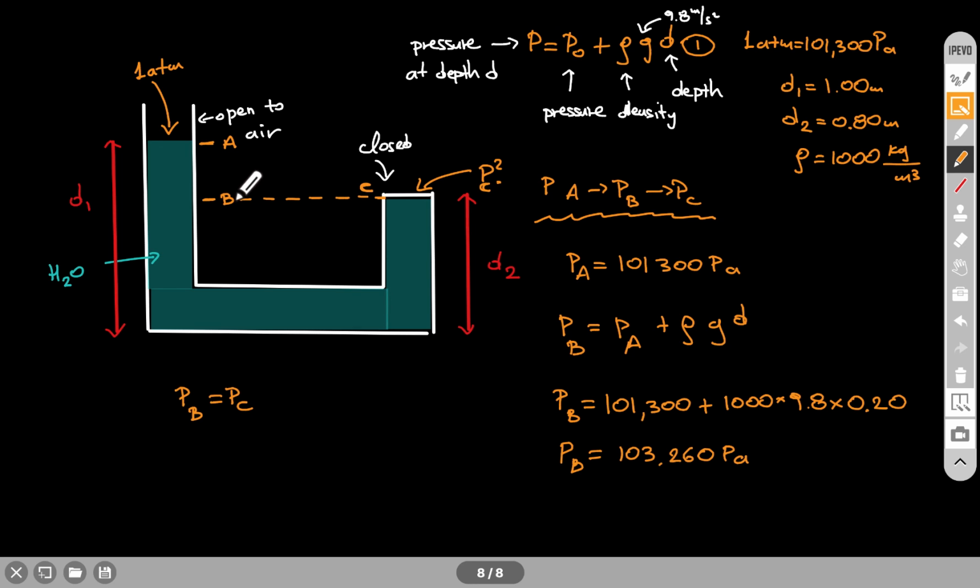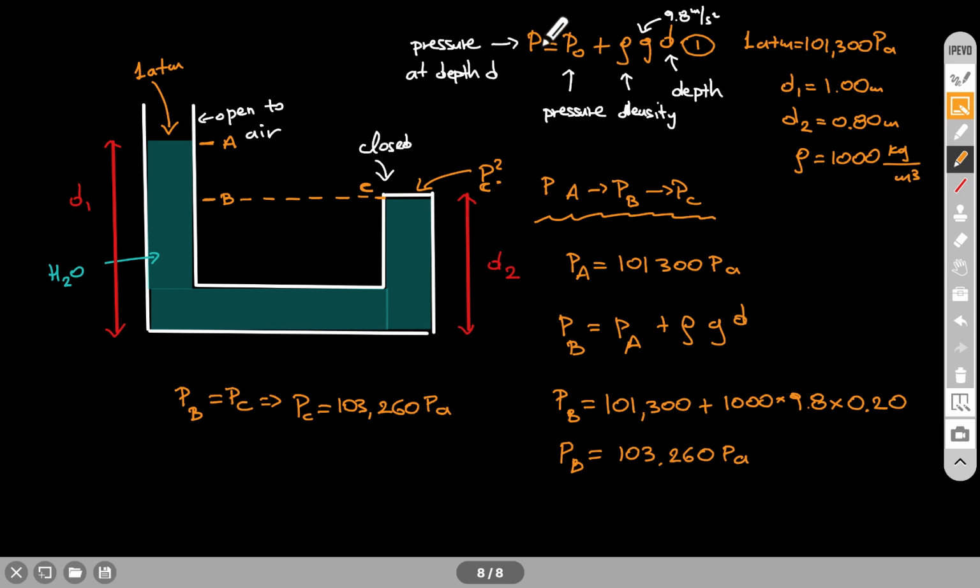So once you find the pressure at point B, you have also found the pressure at point C. So the pressure at C will be 103,260 pascals. This is the strategy that you will use in these kinds of problems to use the hydrostatic pressure equation. You will need to start from a point where you know what the pressure is, and then make your way through to the point where you're looking for the pressure.